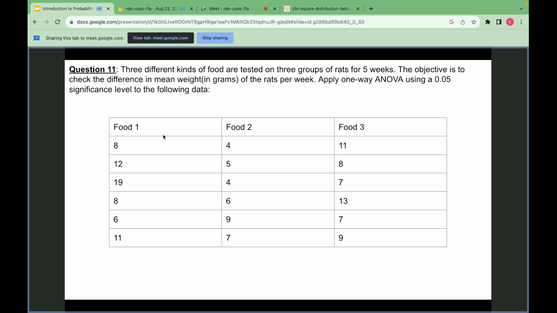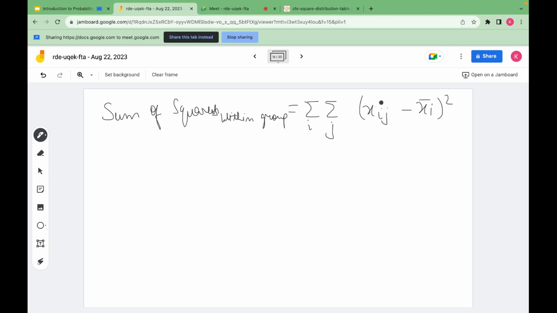So here this is group 1. Now this x11 will be for group 1 the first value, x21 will be 12, x31 will be 19, x41 will be 8, and so on. So now we will check the difference of each element of the group with the group mean. Okay, this is the group mean and these are the values of all the elements of the group. And we sum it over all the groups for all the values. This is the sum of squares within the group and it is denoted by SSW.